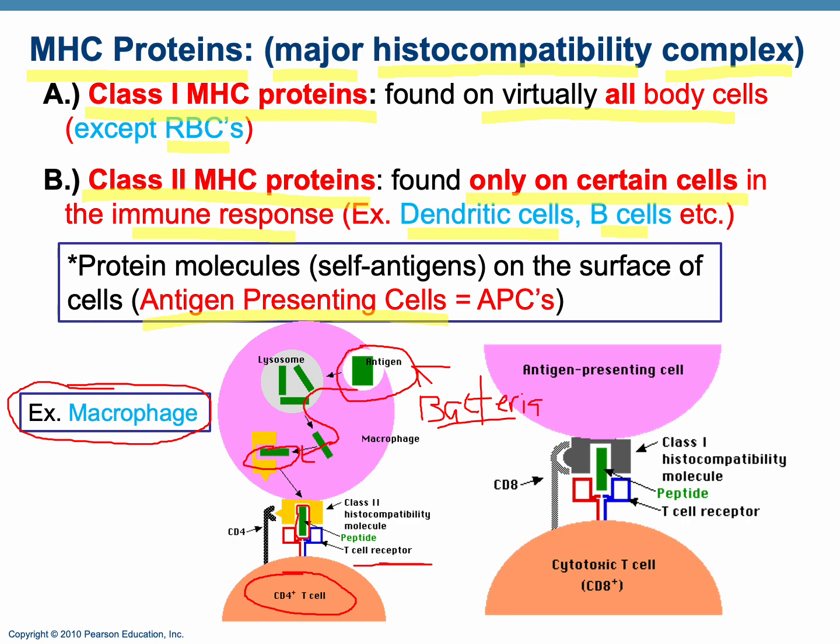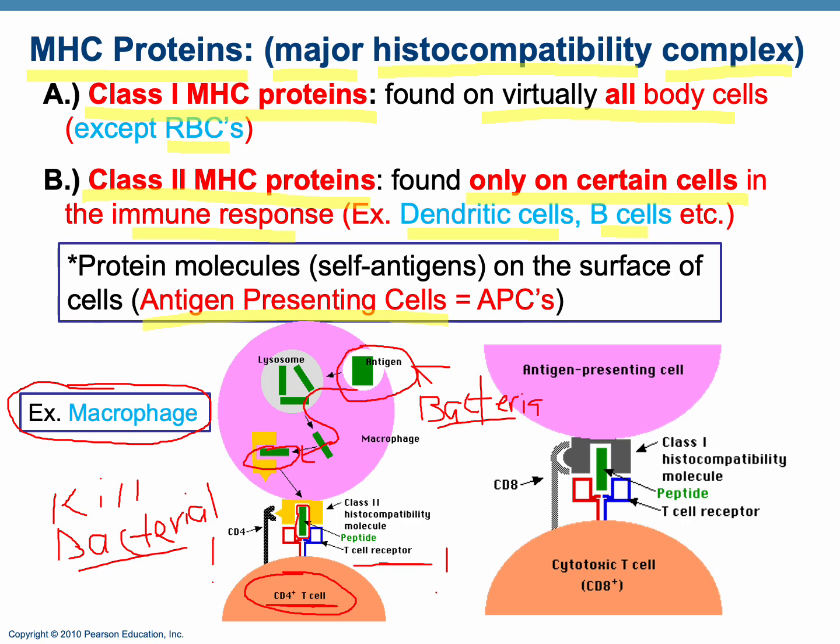Based off of that, the CD4 cell understands that, oh, yes, I'm supposed to go and kill bacteria, because it recognized that foreign antigen. I need to kill bacteria and destroy it in the human body. So it becomes activated, and then eventually more clones are formed, and you have all these clones which are going to go around in the body. And of course, they become helper T cells.